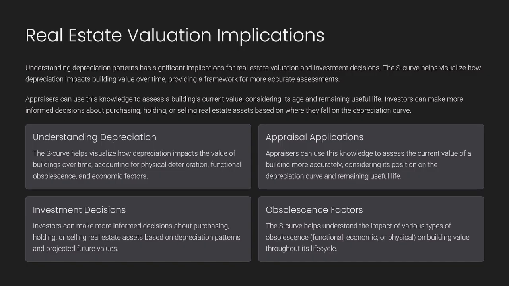So, first thing is you have to understand depreciation. The S curve helps to visualize how depreciation impacts the value of buildings over time, accounting for physical deterioration, functional obsolescence, and economic factors, etc. Then, application in appraisals: appraisers can use this knowledge to assess the current value of a building more accurately, considering its position on the depreciation curve and the remaining useful life.